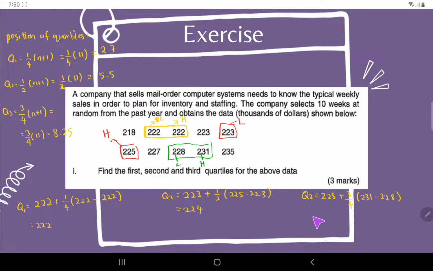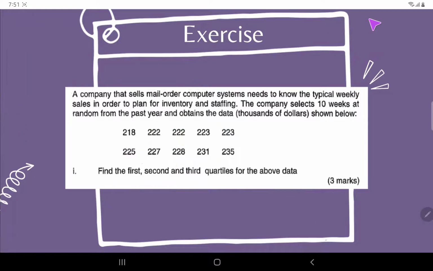So our value of Q3 is 230.25. Okay, so that's the full solution for this question. Next slide.